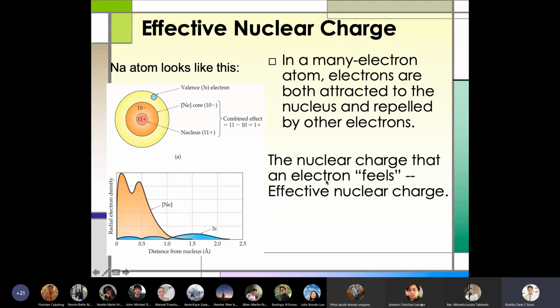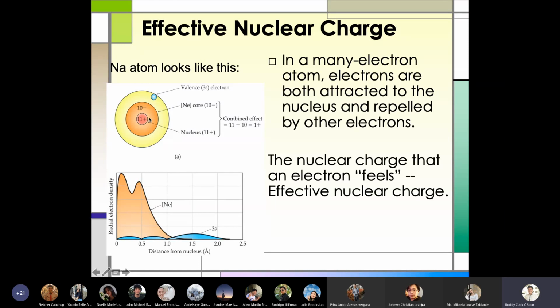And why is this important? Take note that negative particles are attracted to positive particles. So if there were no electron cloud, then we expect this valence electron to really get attracted to the nucleus.